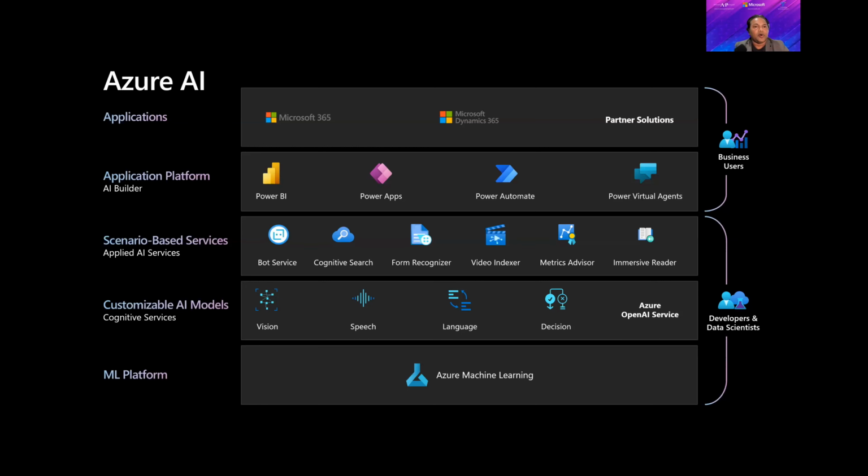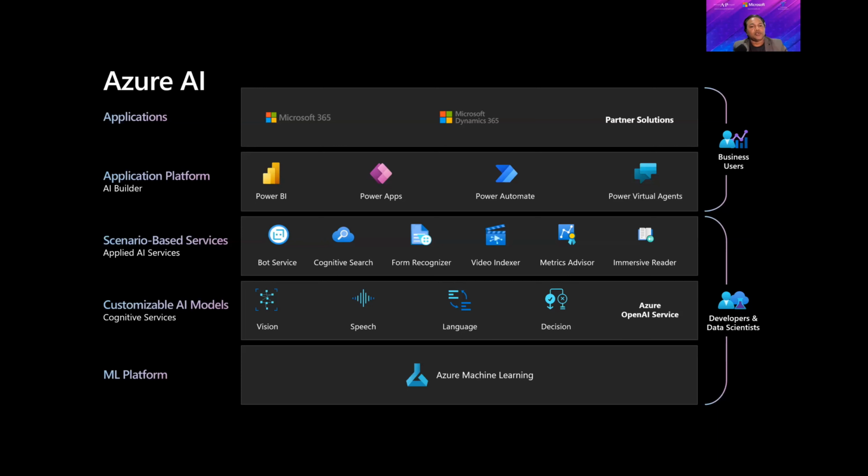There is form recognizer, an OCR tool that can scan your PDF document, extract text out of it, and create a summary. The video indexer can extract text out of a video and say what's happening within the video. So these are all pre-trained models that you just use out of the box.